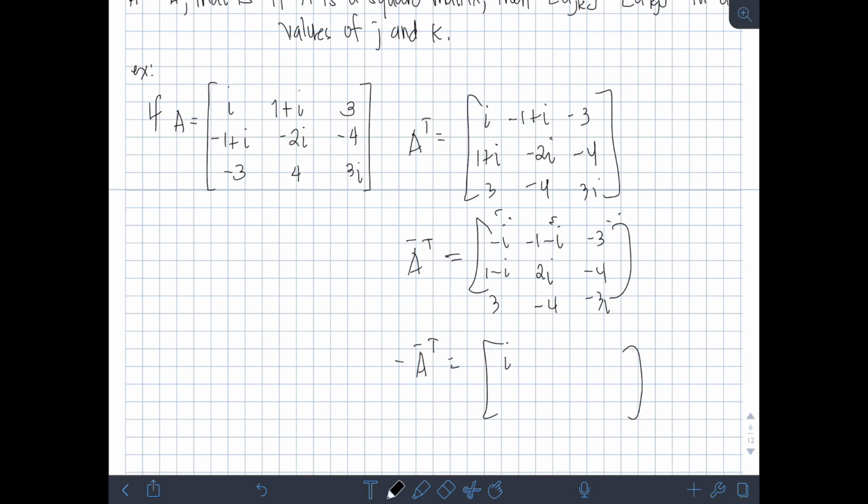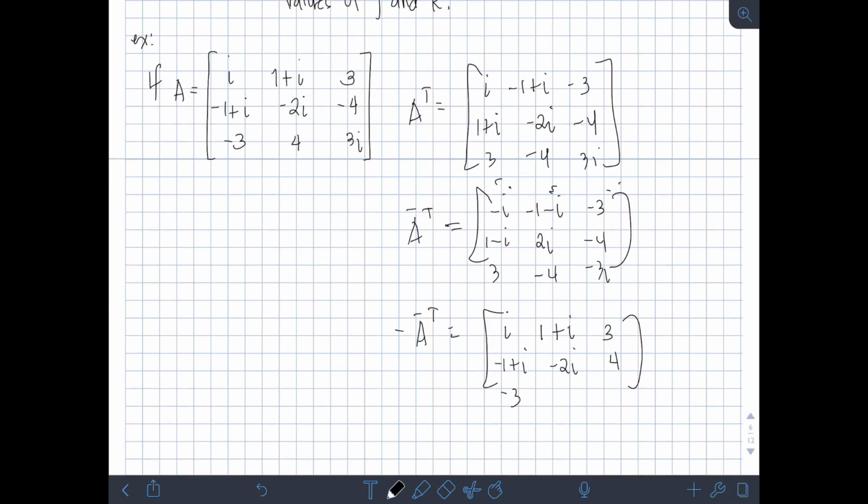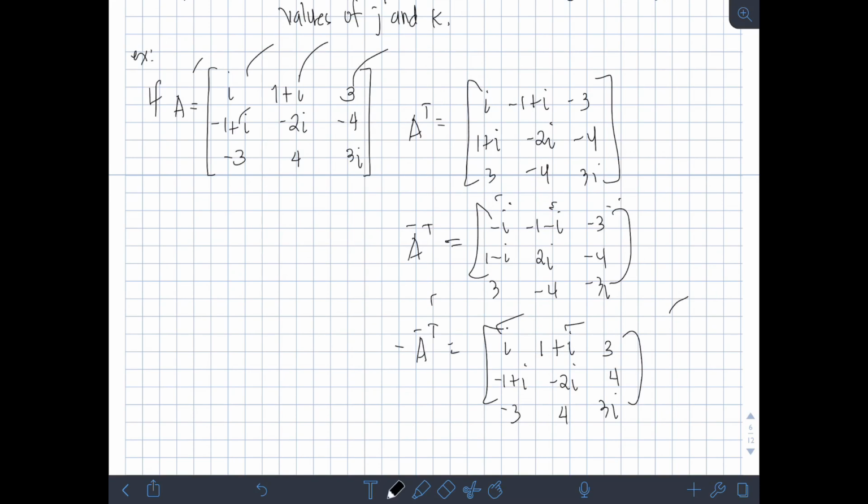So, magiging positive i, positive 1 plus i, positive 3, negative 1 plus i, negative 2i, 4, negative 3, 4, positive 3i. So, equal ba yung A sa final matrix na nakuha natin? I, 1 plus i, 3, negative 1 plus i, negative 2i, negative 4.